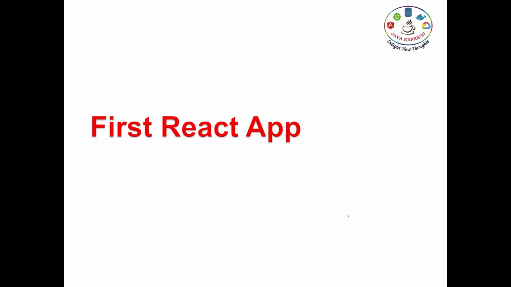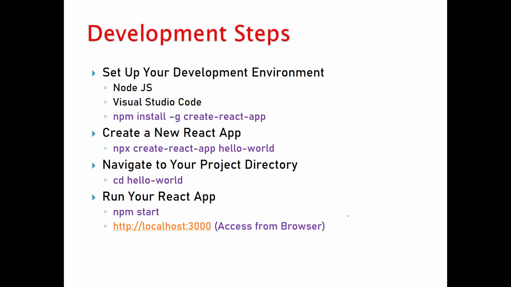We need to follow a couple of steps to do this activity. Have a look here. First, you need to set up your development environment: Node.js and Visual Studio Code, these two things. Then we use npm install -g create-react-app. If create-react-app is not working, then you can use this.